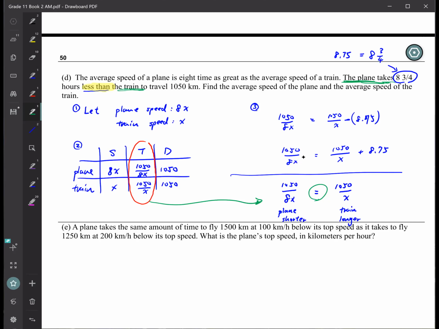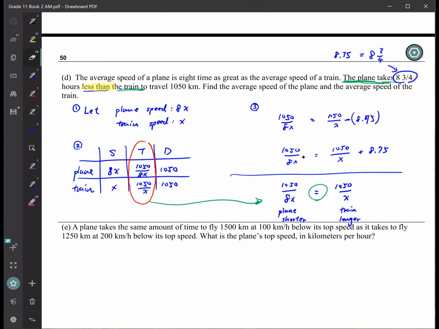Shorter means your balance scale is tilted this way. To make it balanced, make it flat, you need to bring the higher one down or use the lower one to go up. Does that make sense? Shorter means lower. Longer means taller.